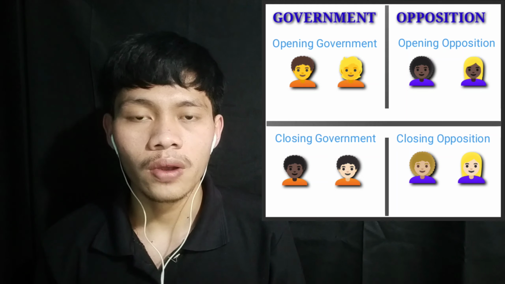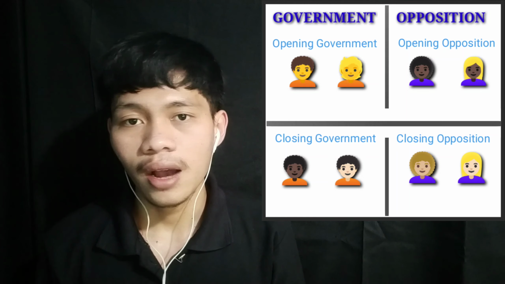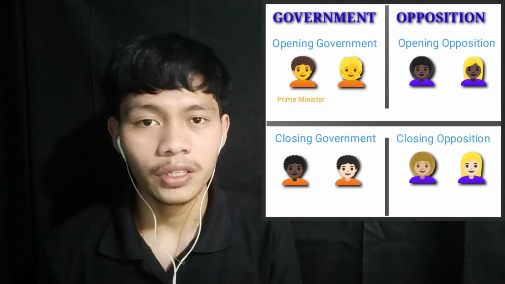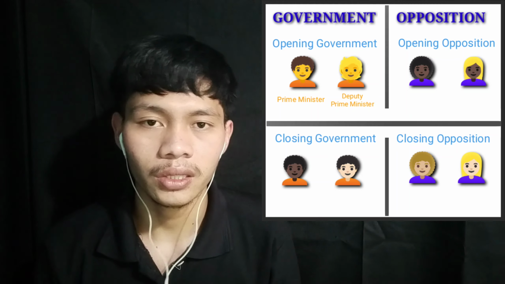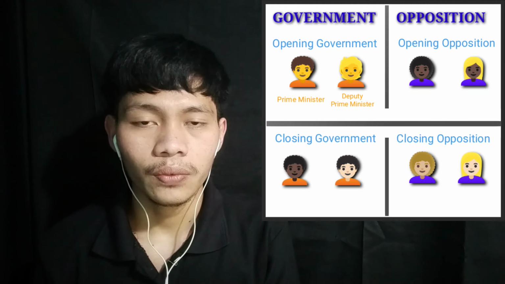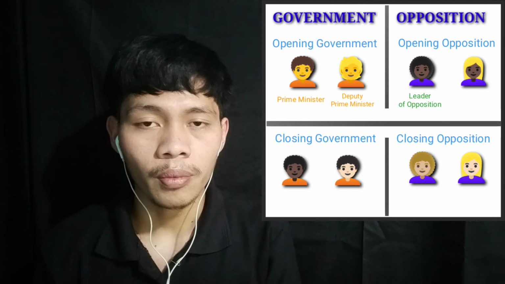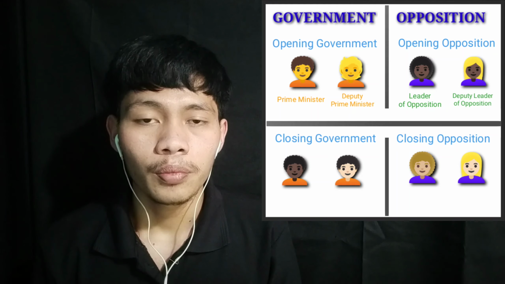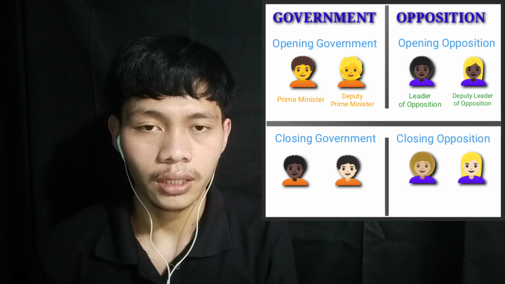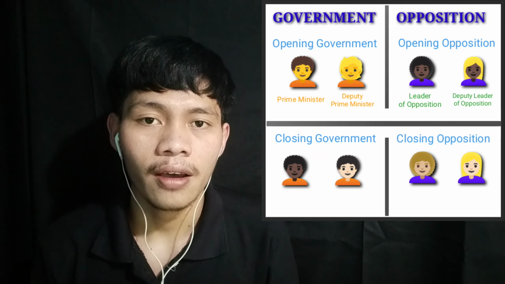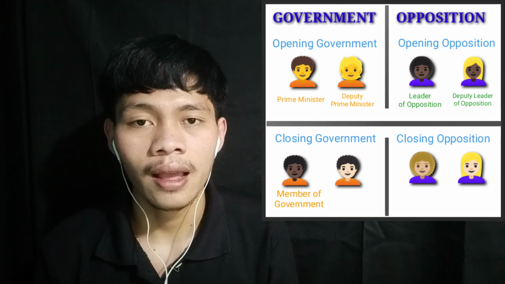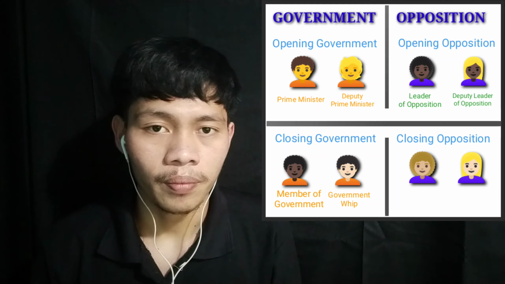Each speaker also has a name. In opening government, we have the Prime Minister and the Deputy Prime Minister. In opening opposition, we have the Leader of Opposition and the Deputy Leader of Opposition. In closing government, we have the Member of Government and the Government Whip.